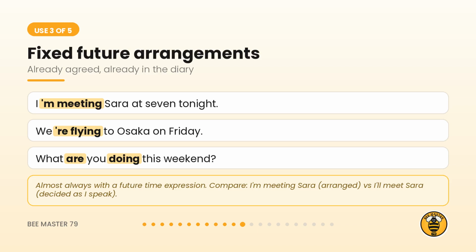Use number 3 surprises people. The present continuous is one of the most natural ways to talk about the future in English. Not predictions, but arrangements, things already agreed, already in the diary. I'm meeting Sarah at 7 tonight. We're flying to Osaka on Friday.